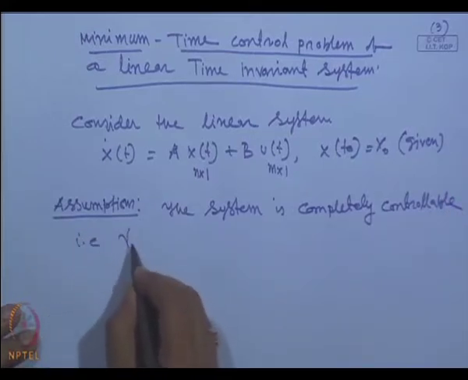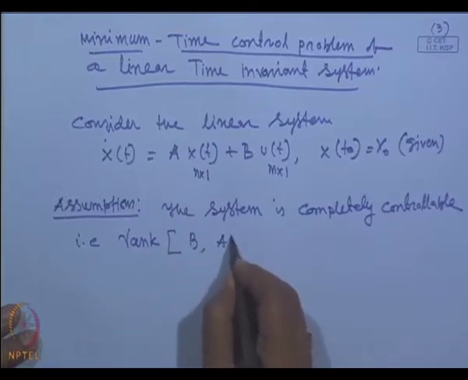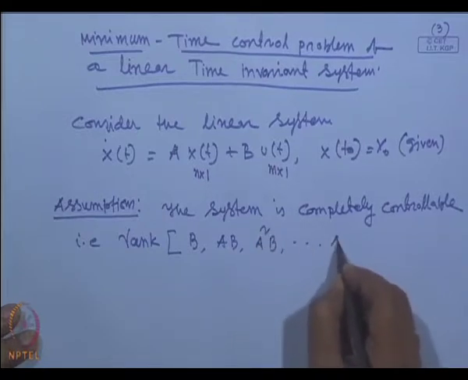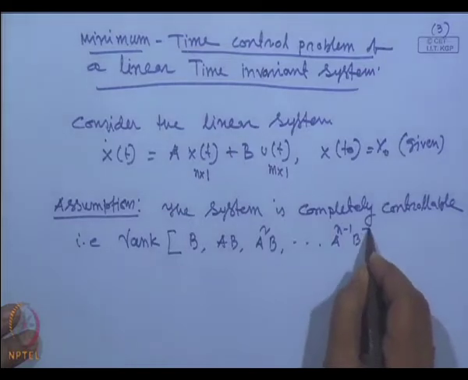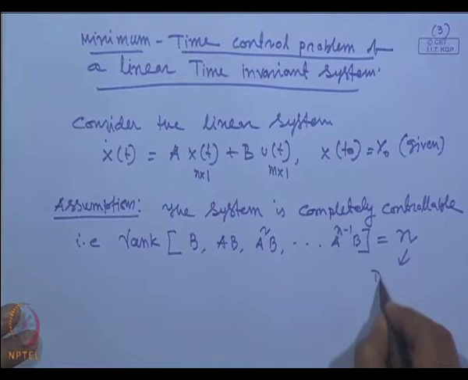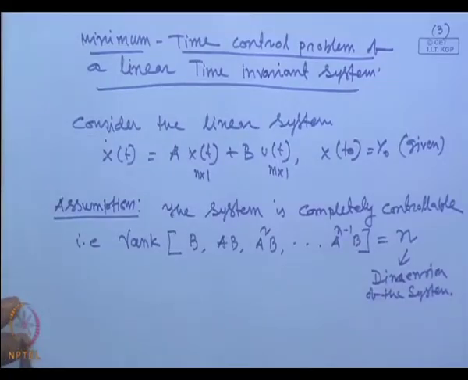That is, the rank of B, A B, A square B, up to A n minus 1 B is equal to n, where n is the dimension of the system, or state vector dimension. So, this is the first assumption, that the system must be completely controllable.